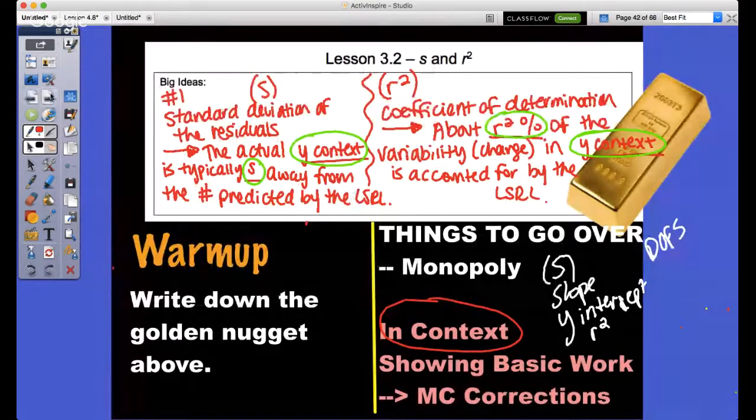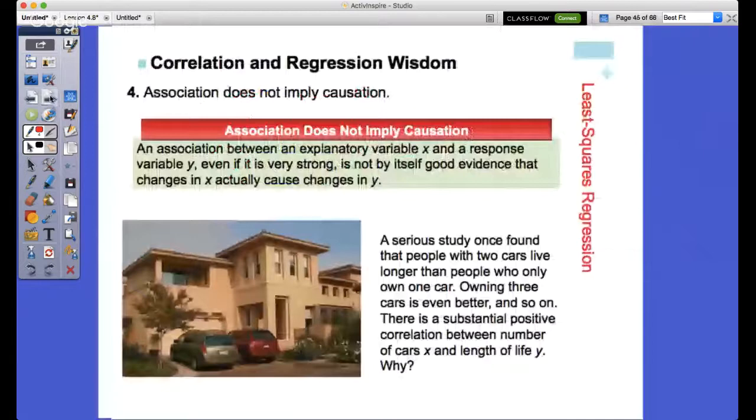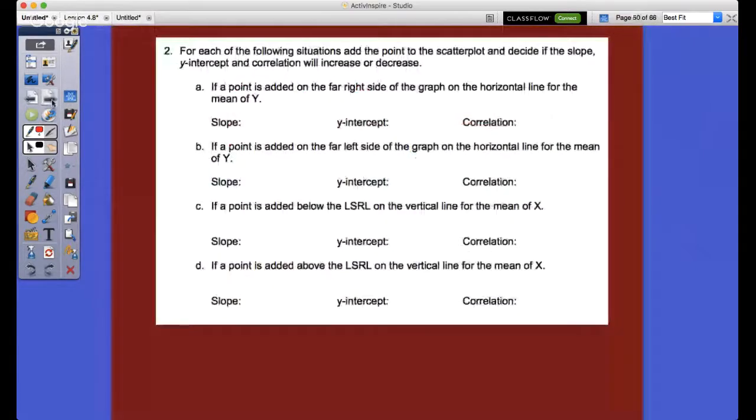So in this context, it's very similar to the residual, except it would be the average, right?